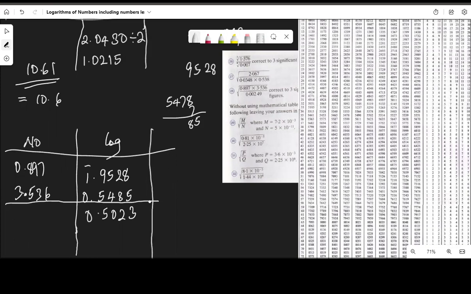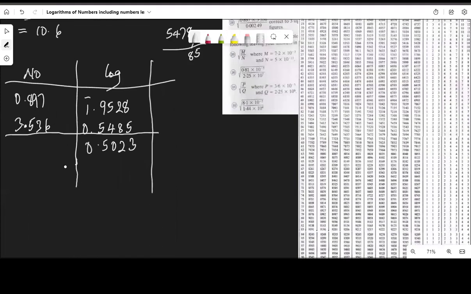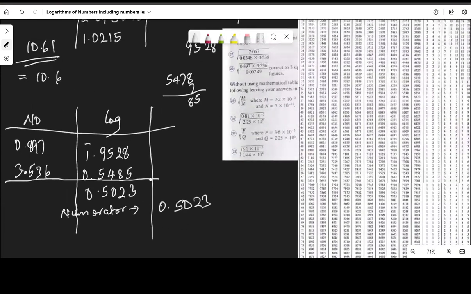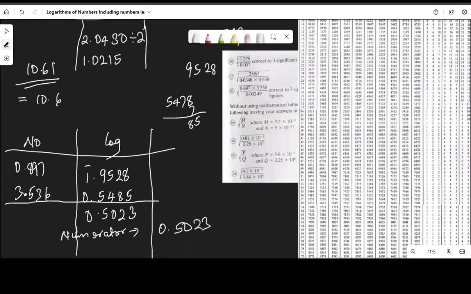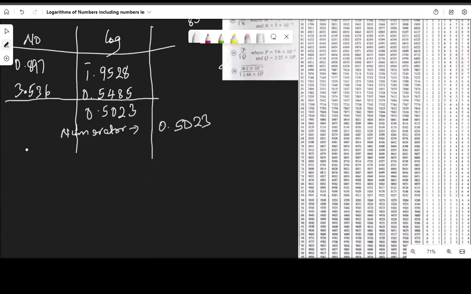So that numerator is 0.5023. For the denominator, we have 0.00249.